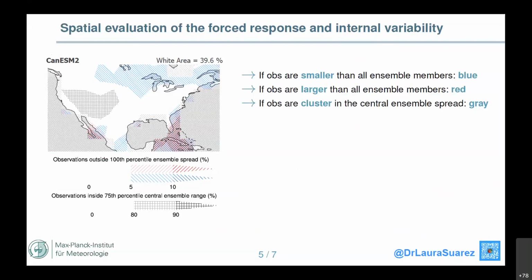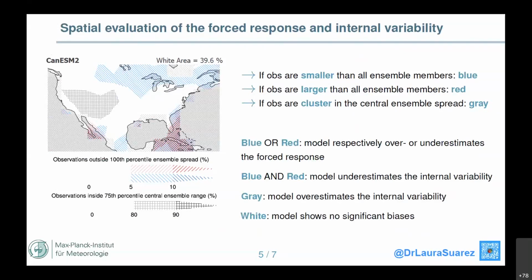For a model that perfectly captures observations, we would expect observations to fall within the 75th percentile central range of the ensemble for 75% of the years. And if observations cluster in the center of the ensemble more frequently than this, it means that the ensemble is overestimating the variability.